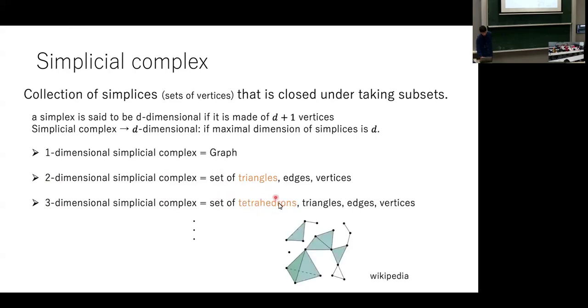If you consider three dimensions, tetrahedra may be added, so you can imagine this kind of geometric picture. Those are collections of tetrahedra, triangles, edges, and vertices. For example, the faces of a tetrahedron, which are triangles, are also elements of the simplicial complex.